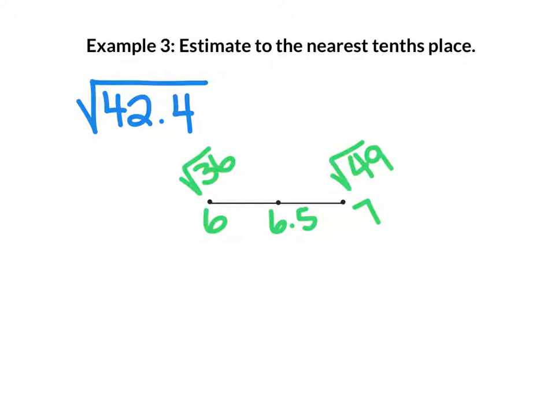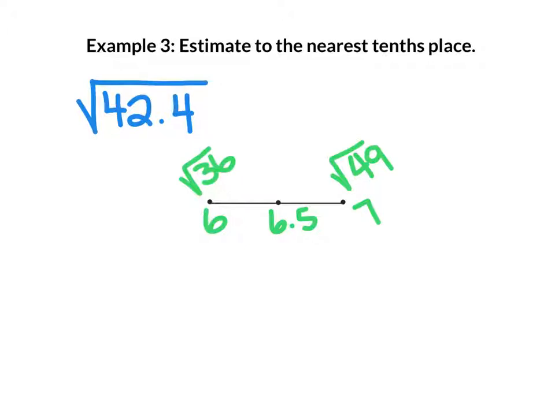Well, 42 and 4/10 is kind of between 36 and 49, but it's hard to tell. So here's another strategy to get closer to your estimation. So 6 times 6 is 36, and 7 times 7 is 49. So 6.5 times 6.5 gives us something, and we're going to find out.